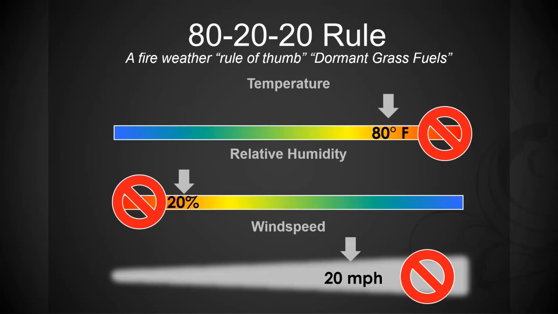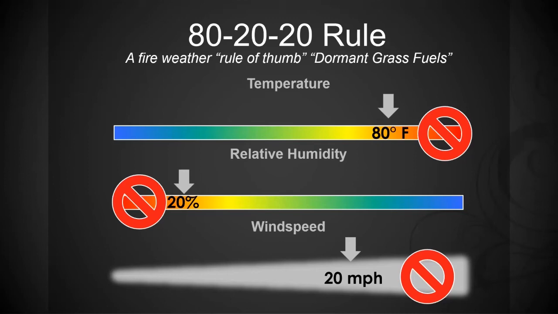If we get below 20% humidity, we don't want to burn, so we want to be above that. And then we don't want to burn over 20 miles an hour. Now, if you went out and burned on a day with 80 degrees, 20% humidity and 20 mile an hour wind, it would be a very challenging day to burn. So do not do that.